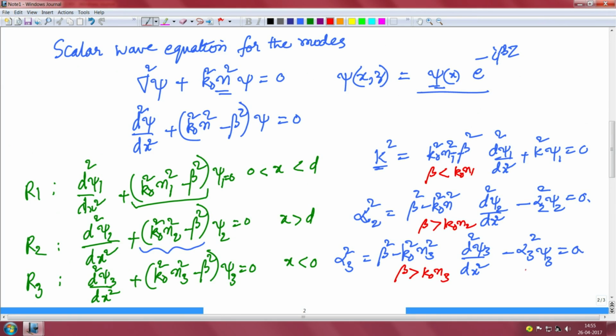So, since we said that n2 is greater than n3 just as a convention, because n2 or n3, anything can be greater or lesser. So, if we say that beta lies between k0 n2 and k0 n1, we can say that we have a guided mode field.